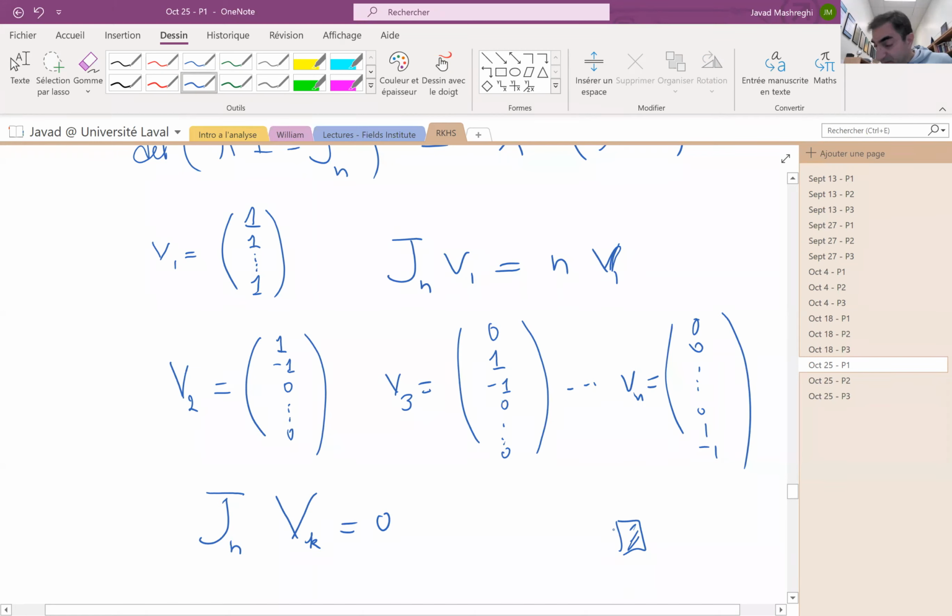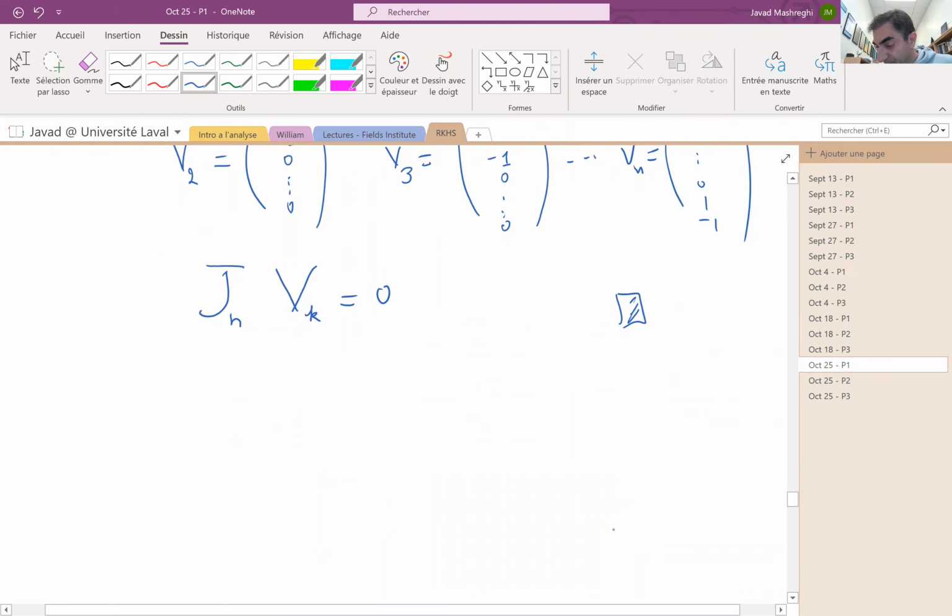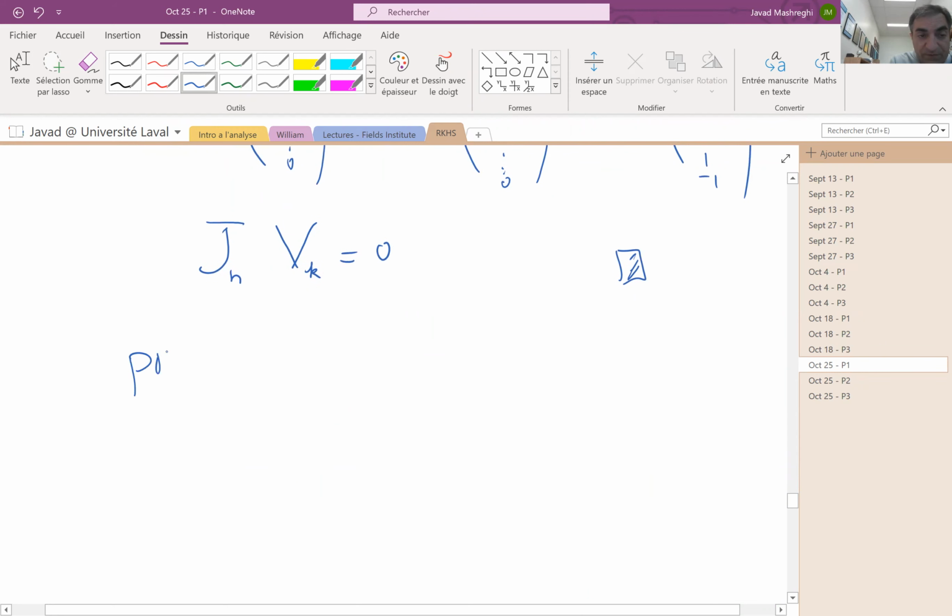Why do we need this? It is for the kernel created by the min function, and here is the proposition.